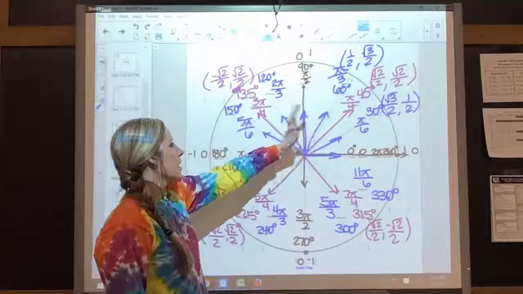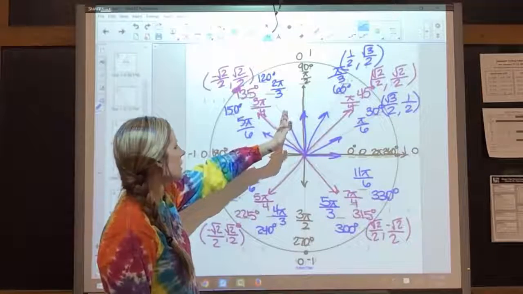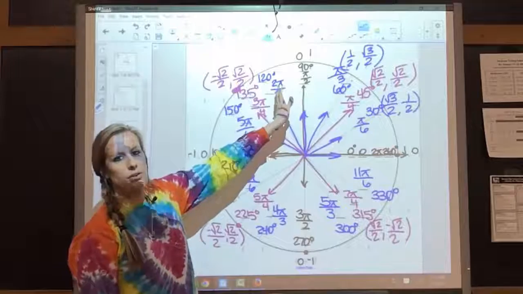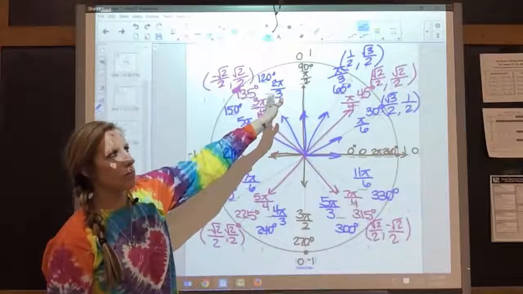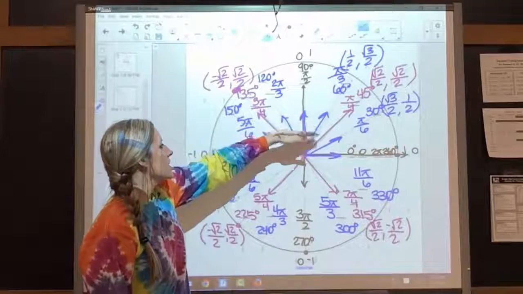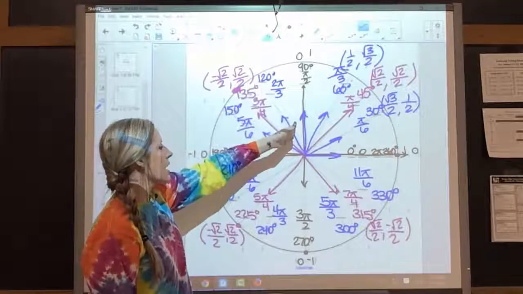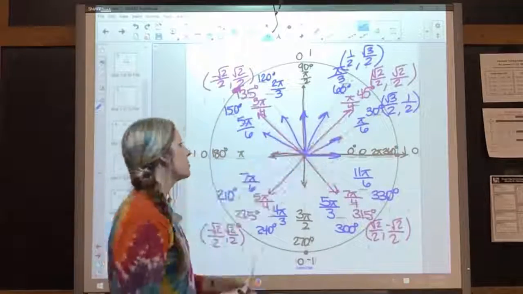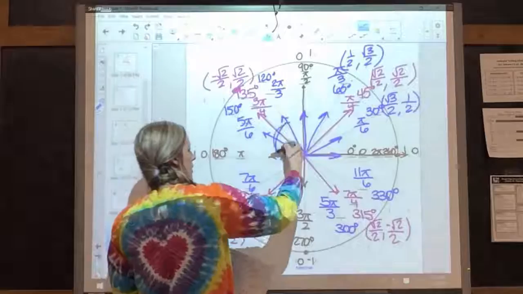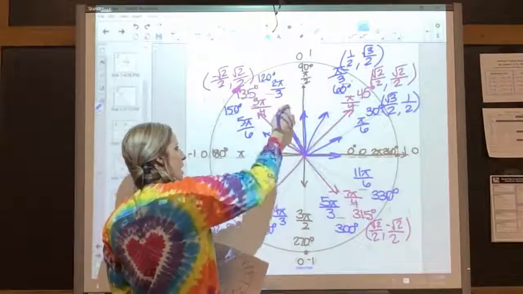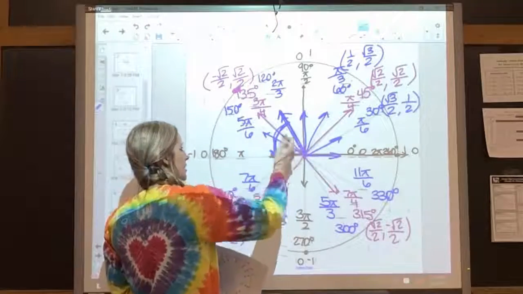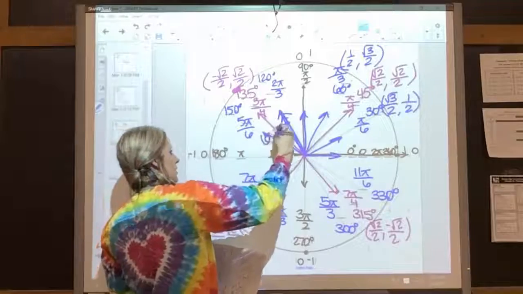Okay, so my next angle, you have to think about your reference angles. That's why we talked about it. The next angle is going to be the same as your 60 because my reference angle from this side to my x-axis would be 60 degrees.